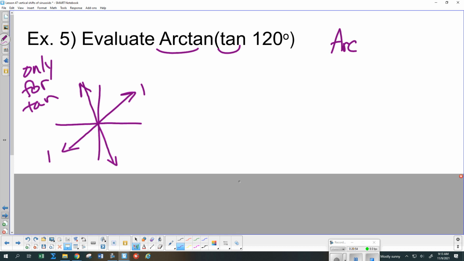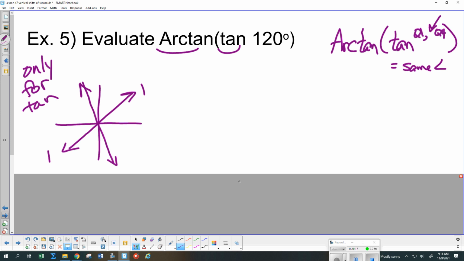Now, if I had arctan of the tangent, and this was something in Q1 or Q4, the quadrants I'm restricted to, my answer would simply be the same angle that I had in there. I wouldn't have to change anything.